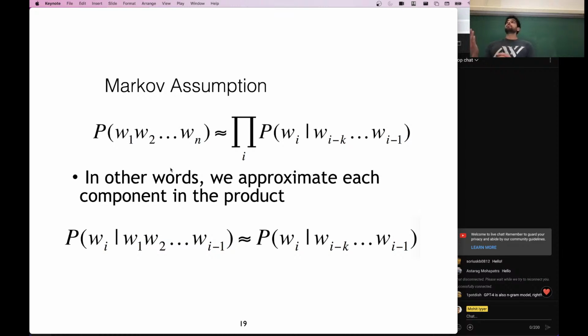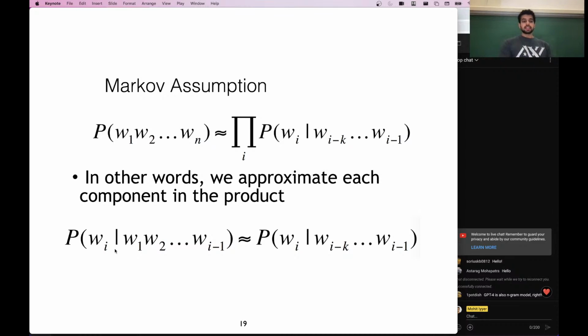So let's apply this Markov assumption to our equation from the chain rule that we were using to get the joint probability of the piece of text by using the product of the conditional probabilities. So here is the Markov assumption where in these conditional probabilities, we are just going to ignore all of the words in the prefix outside of the specific window of context.